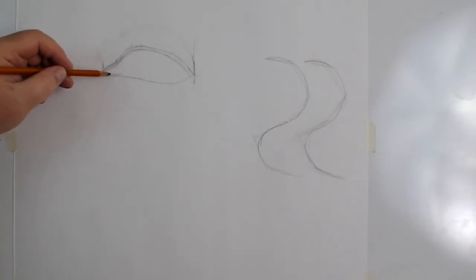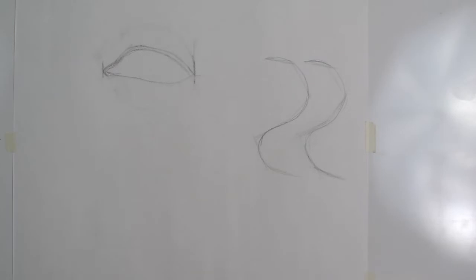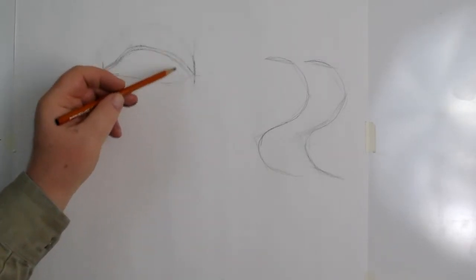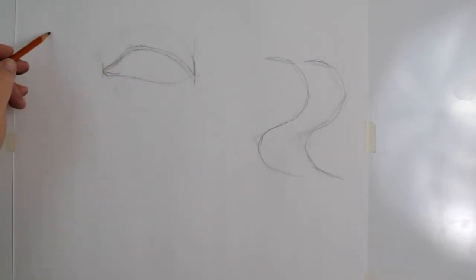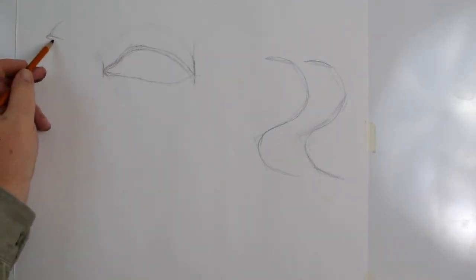If you've ever seen a sculpture or anything like that, you'll see that if we have an eye from the side, it projects a little more, but you would actually see the lid wrap around that eye.